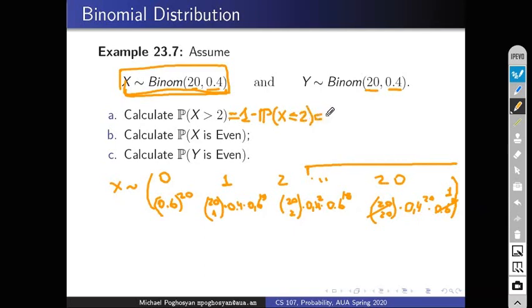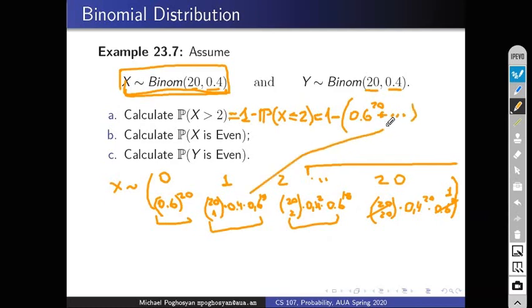That means X can be either 0 or 1 or 2. So we need to add these 3 numbers. So we are adding them and writing here. So 0.4 to 20 plus, I will not write that 2 elements here. So plus that and plus that.